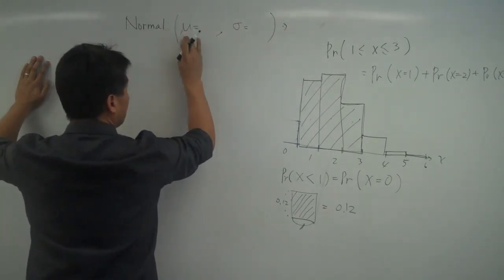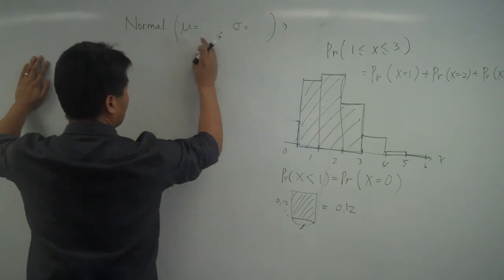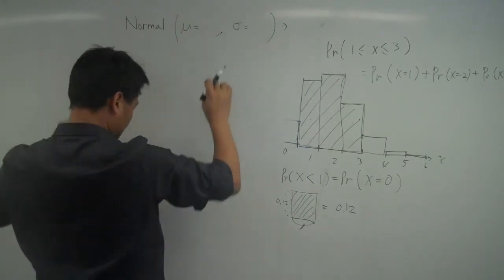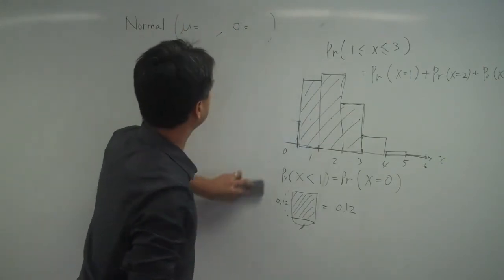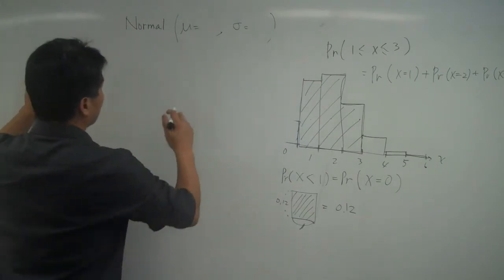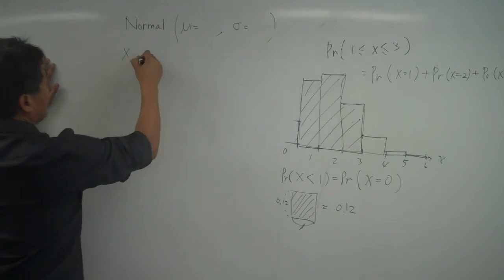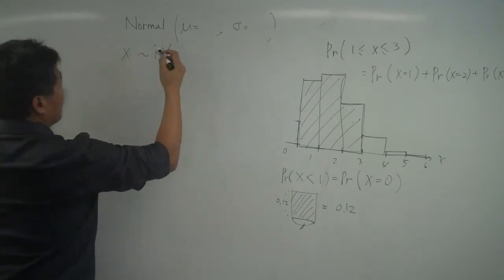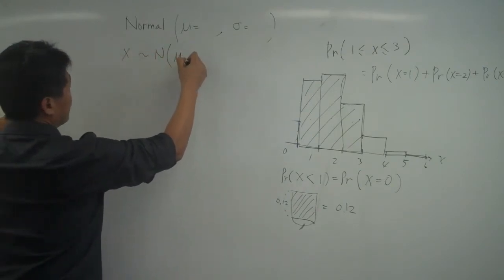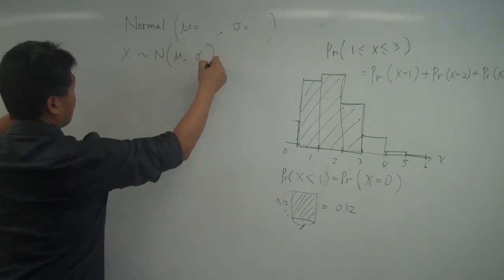So mu, that is mean, and sigma, that is standard deviation. So if we know these numbers, then we know the normal distribution completely.